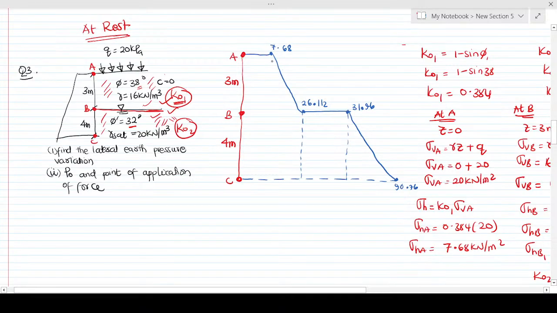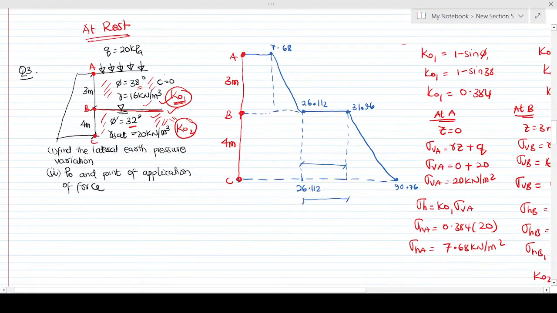So this whole thing is 26.112, from here to here, right? But from here to here is 31.96, and I want only from here to here.